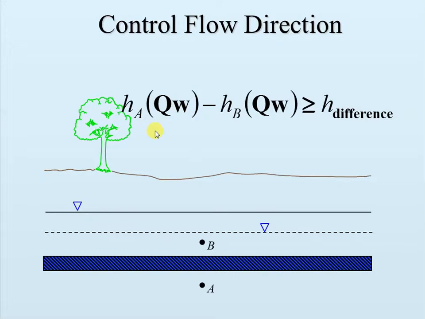This particular type of constraint is also useful in vertical flow control. I might want to induce an upward gradient or a downward gradient, as the case may be, and I can do so by using this head difference form.